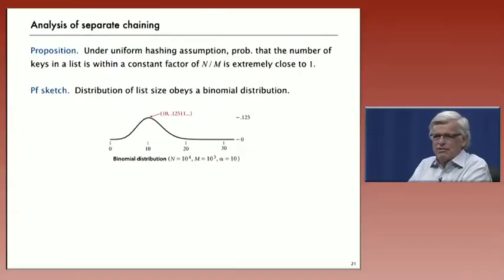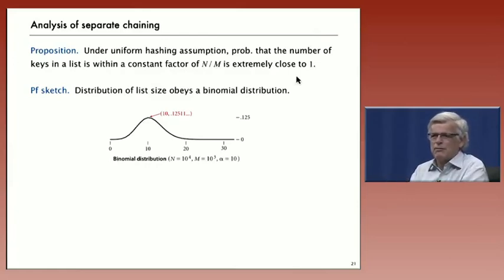And what about the analysis? Again, the standard probabilistic analysis of the balls and bins problem tells us a lot of information of what goes on. And again, if the uniform hashing assumption holds, the probability that the number of keys within a list is within a constant factor of n over m is extremely close to 1.